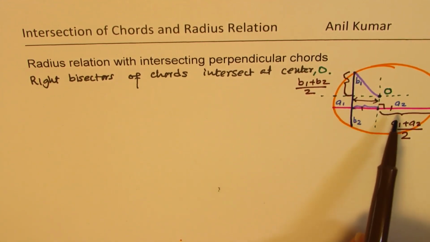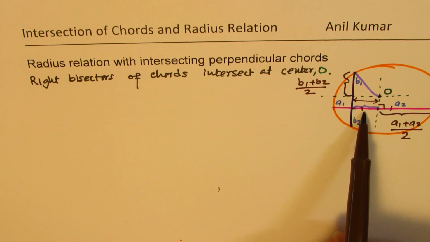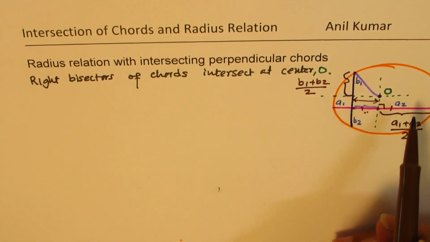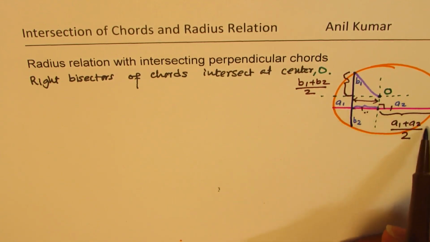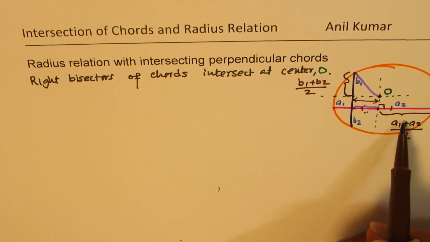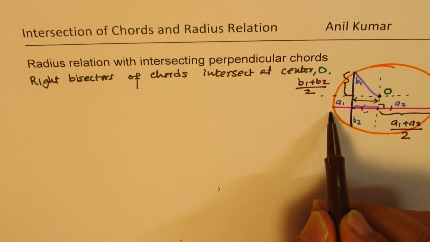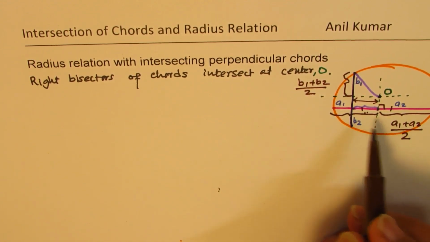Clearly, this is also (A1 + A2) divided by 2, take away this portion. Perfect. Or we can also say it like this.